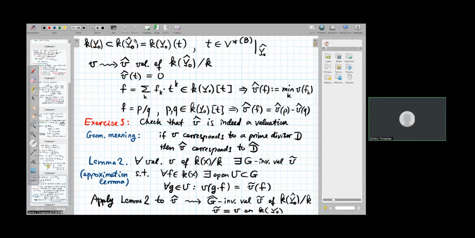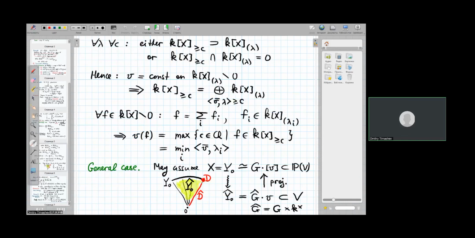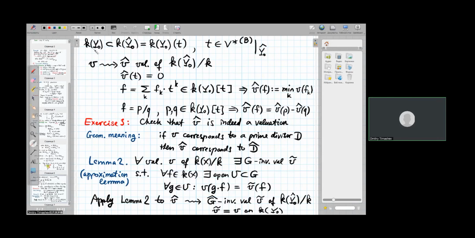Y naught hat is a cone over Y naught. Y naught was embedded in a projective space, and Y naught hat is already in the vector space, so the picture is here. And we have this bigger field. On this page, we explained how to extend a valuation from this field to this field.